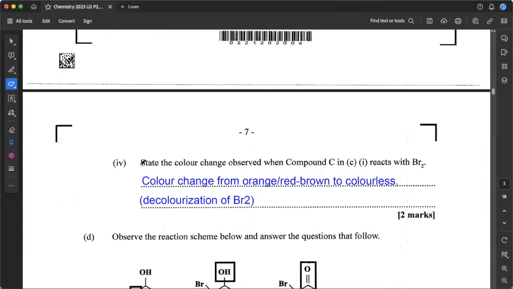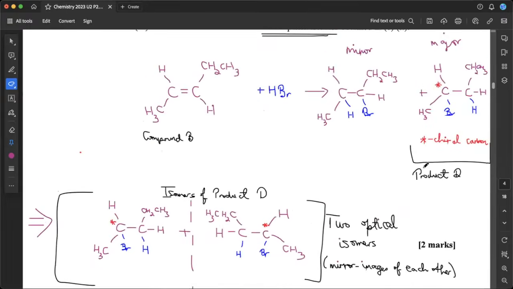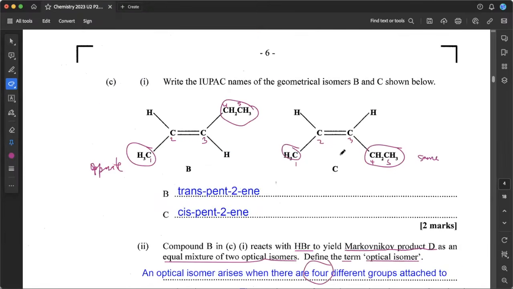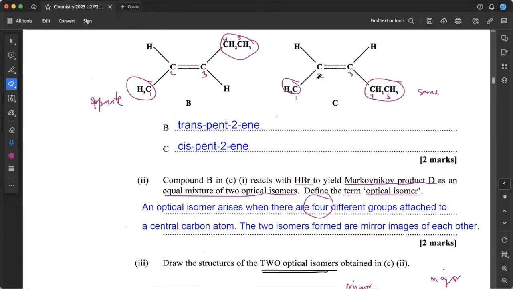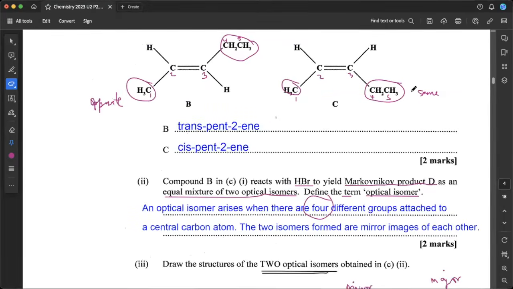Part 4 says to state the color change observed when compound C in part 1 reacts with Br2. So what was compound C again? Compound C was this one. And if this compound C reacts with Br2, then we know that the Br is gonna add across this double bond, and so we'll end up with something like this.